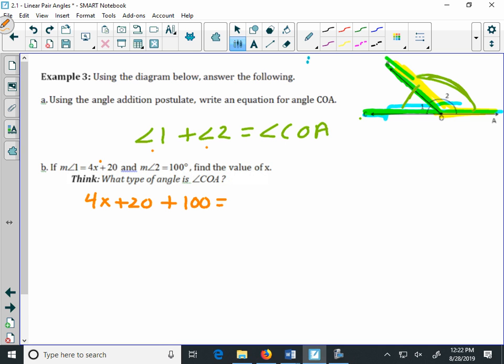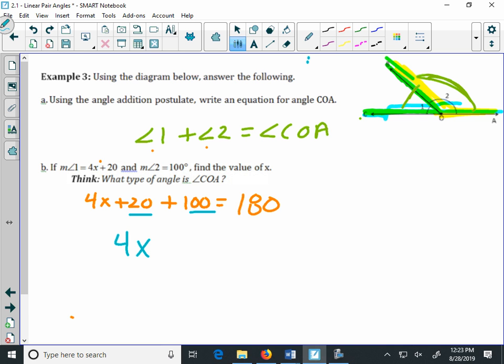So we're going to set it equal to 180. These two angles add to 180 degrees because they make a straight angle. So now we just solve for x. What do we have to do first when solving? Combine our like terms. We combine the 20 and the 100.